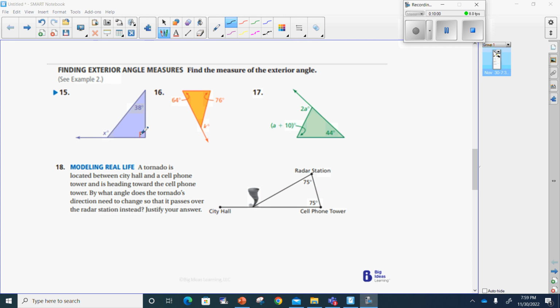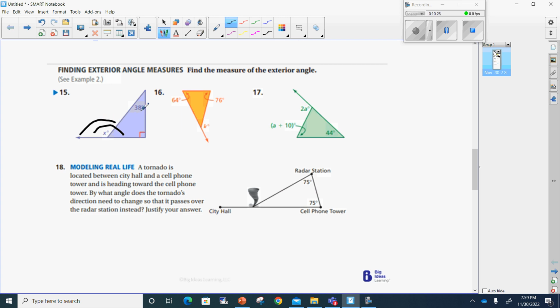Whatever this angle is here, remember, it has to equal 180 with this one here. So we know that these two here have to come up to the same amount as this one here.